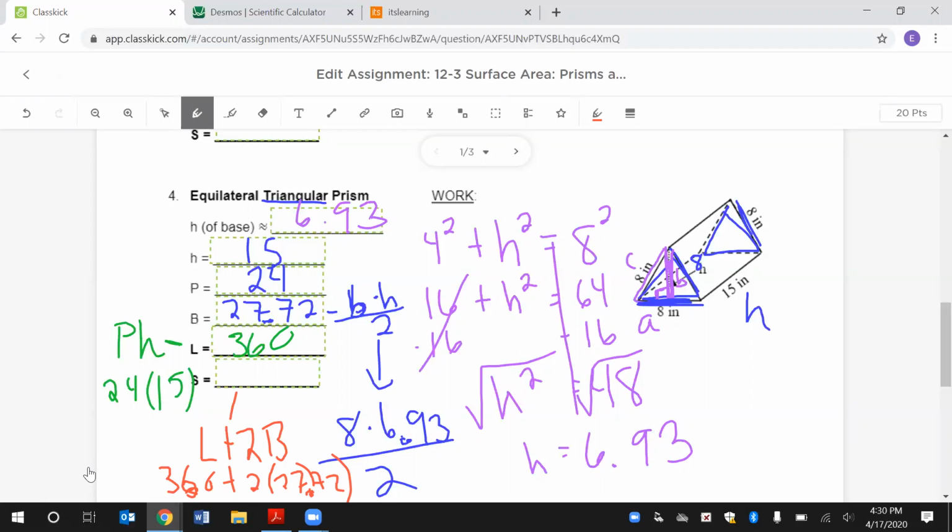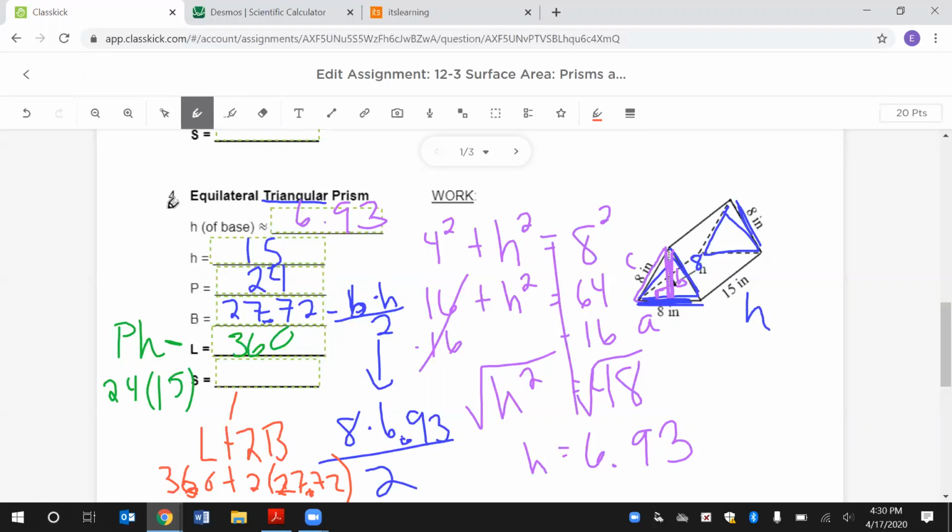Once you do that, it'll give you the answer. Just multiply that in your calculator: 360 plus 2 times 27.72. That should give you your answer. One of the harder ones, just because we had to solve for the height of the base. Otherwise, it would have been easier.